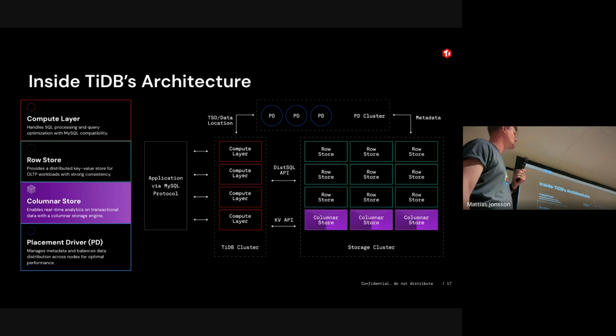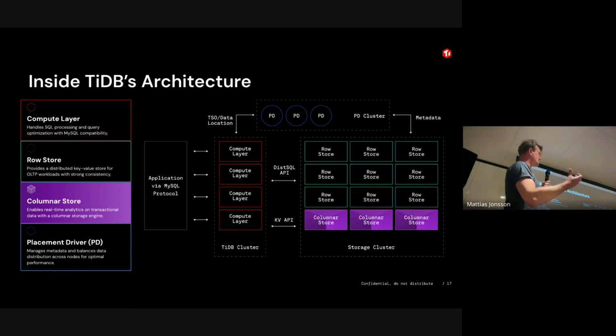And since we use the Raft protocol for distributing data here, it was actually quite easy to also use the same Raft protocol to stream the data to a columnar store, if it's configured for that table. And that's also some data merge tree, I think.